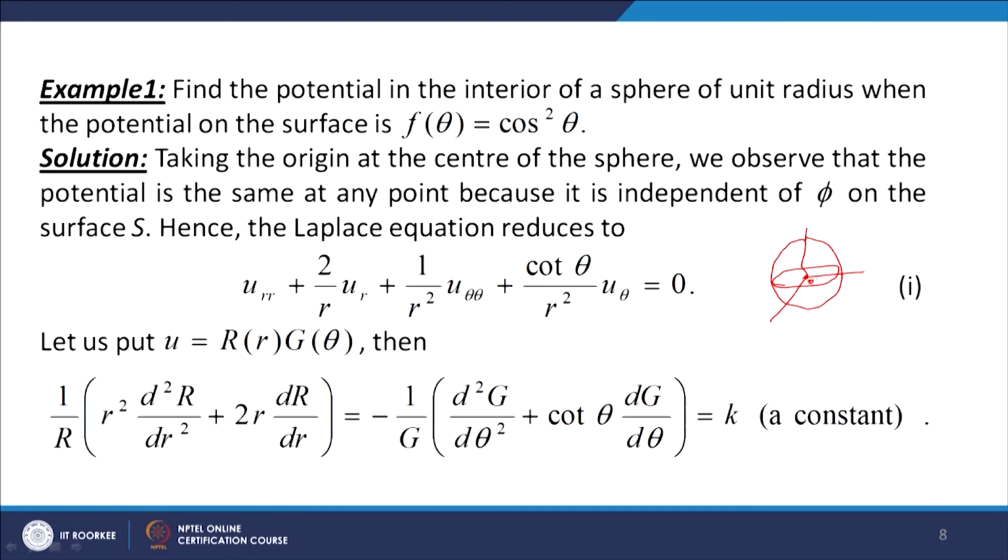We observe that here f theta is equal to cos square theta. The radius is unity. So we observe that the potential is the same at any point because it is independent of phi. On the surface f theta is cos square theta. The potential is cos square theta.